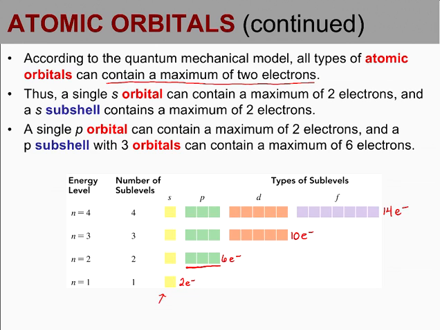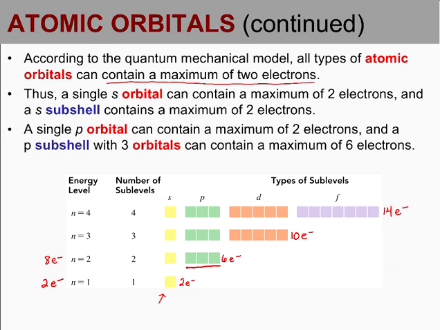So now if we look at each energy level, in energy level 1, we can have a maximum of 2 electrons. In energy level 2, we have an s orbital and 3 p orbitals, and each one can hold 2 electrons. So that means we can have a maximum of 8 electrons in energy level 2.